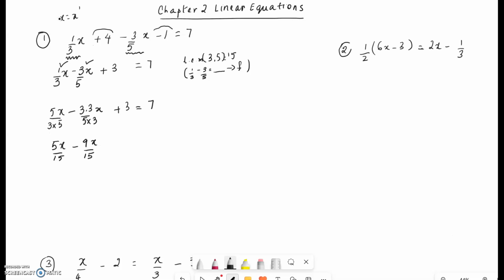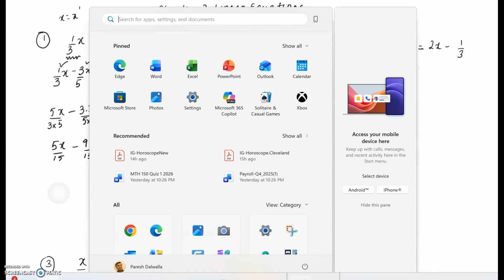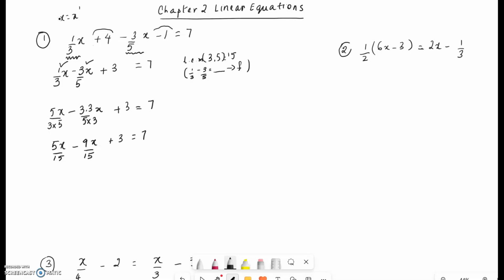The reason why we want a common denominator is because we want to combine the terms and get a single x term. There has to be only one term containing x in the entire equation. So the next thing is 5 over 15 minus 9 over 15x.